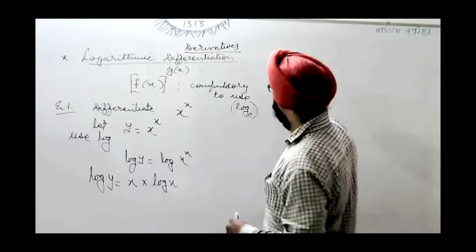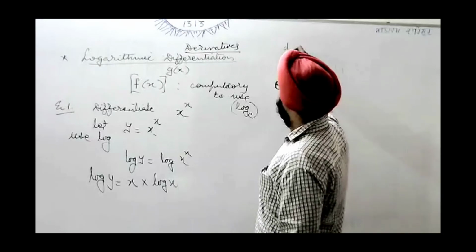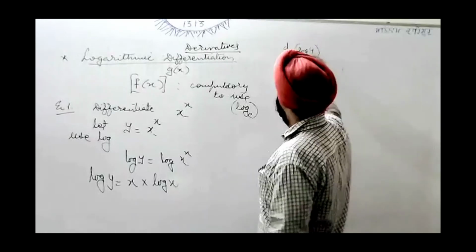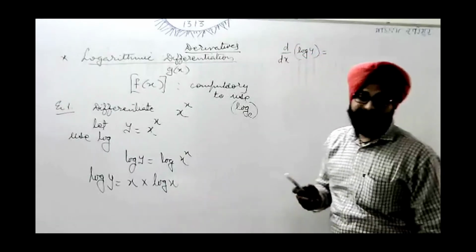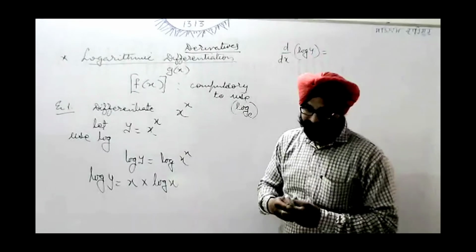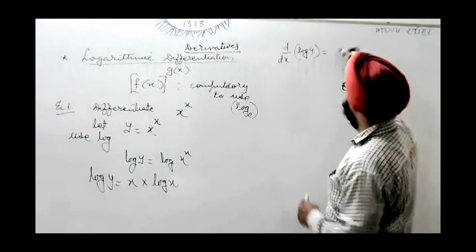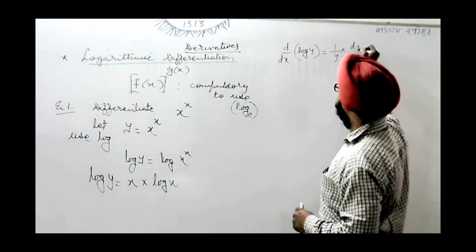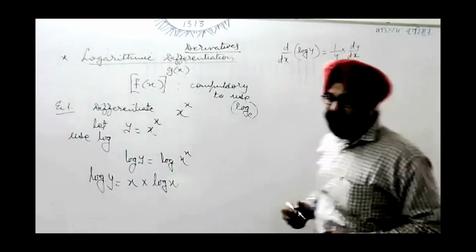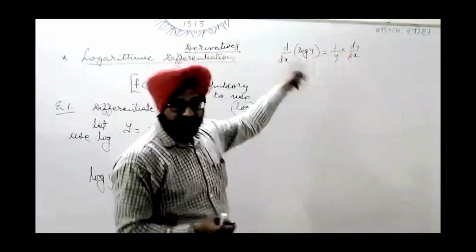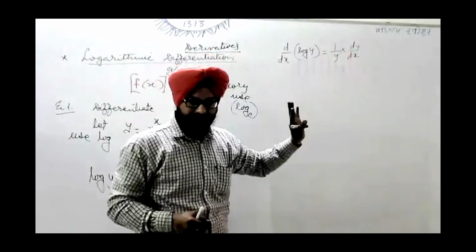How to do it? Write this separately: d by dx of log y. First of all, we will operate it just like log x. Log x differentiation is 1 upon x. So for log y, we write 1 upon y into again dy by dx. Whatever basic identity is there, you apply it and multiply by dy by dx. This much we have to do.